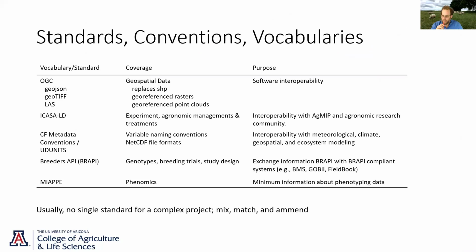So there's another question that comes up of standards and conventions, vocabularies. So we talked, using the example of spreadsheets, we talked a lot about having column names and describing what's in them.